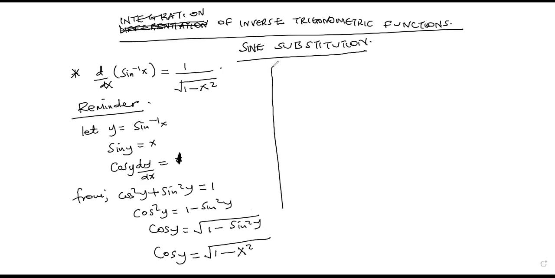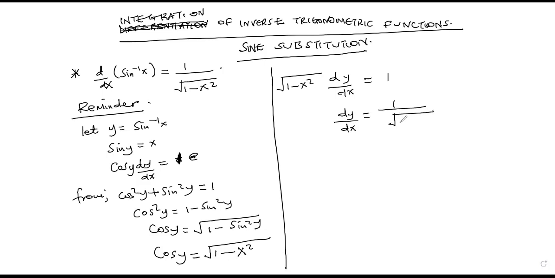So if I substitute cos y as this, we shall have that the root of 1 minus x squared times dy dx is equal to 1, implying that dy dx, our derivative, is equal to 1 over the square root of 1 minus x squared.